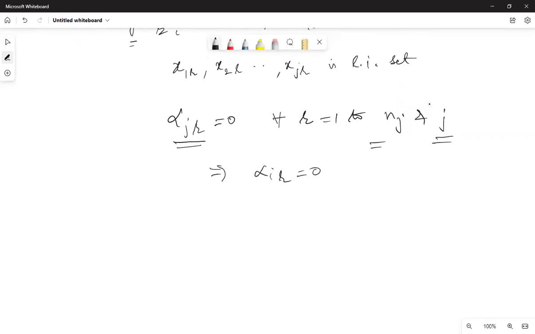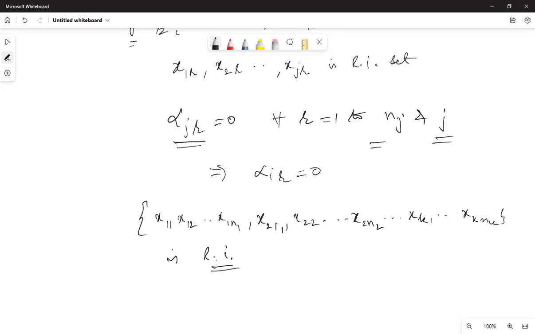This means x11, x12, up to x1n1, then x21, x22, and so on up to x2n2, and then xk1, up to xknk.